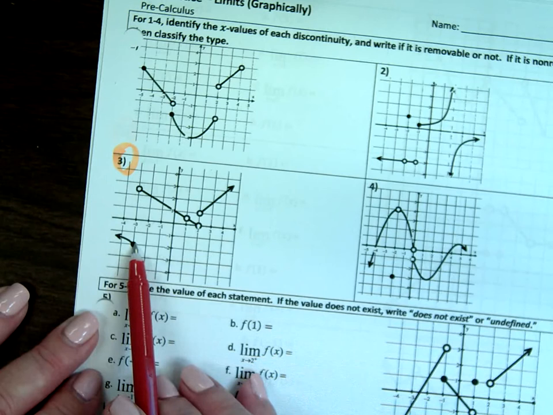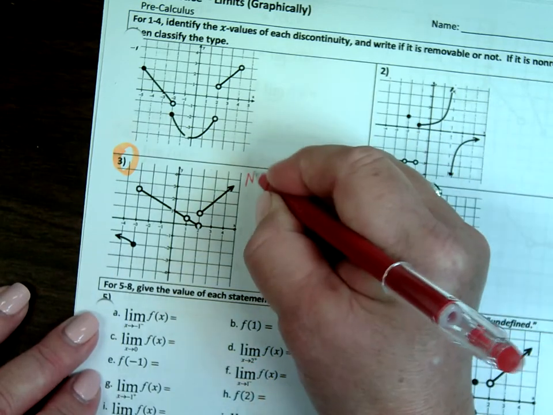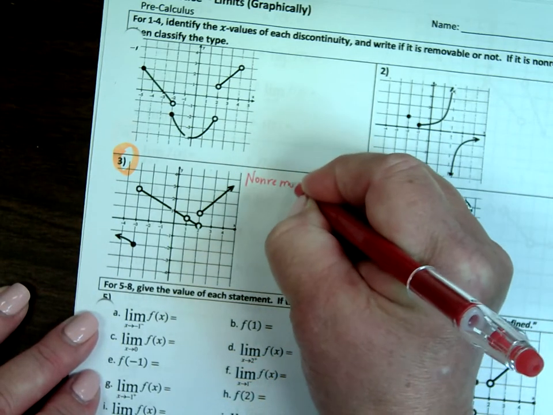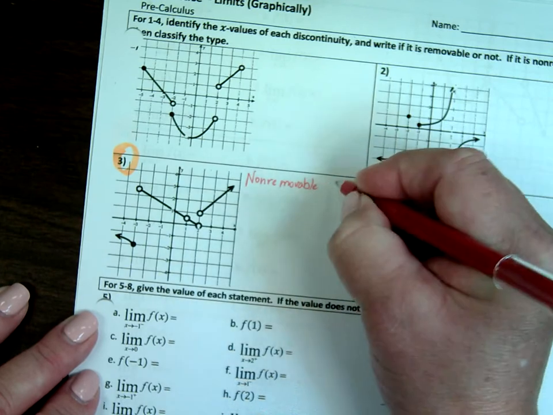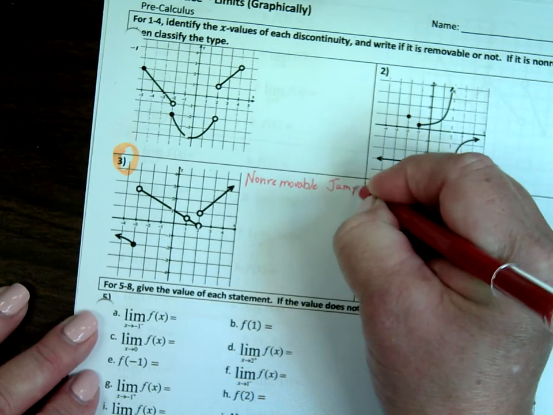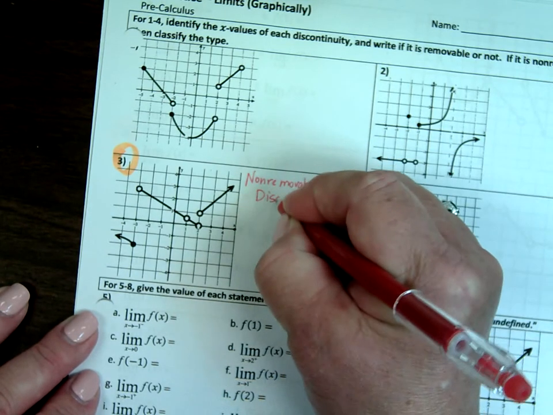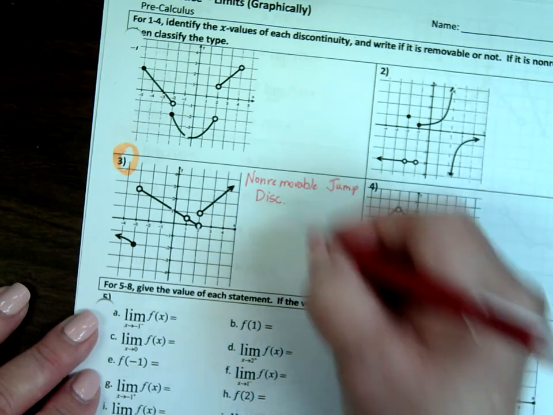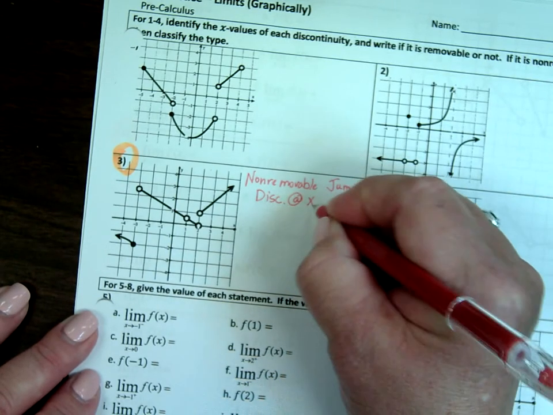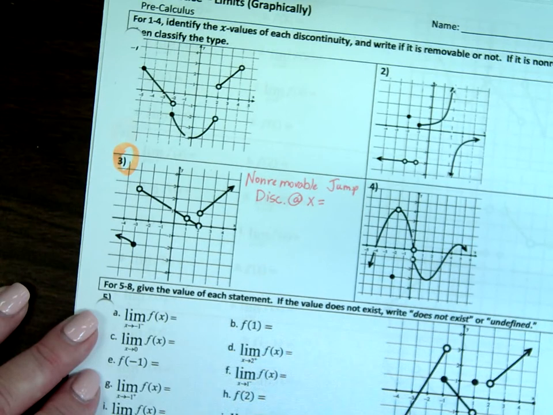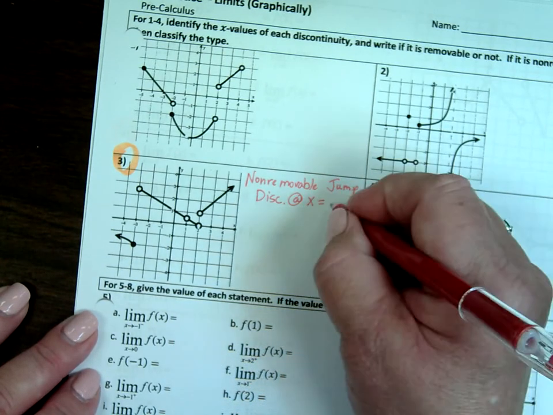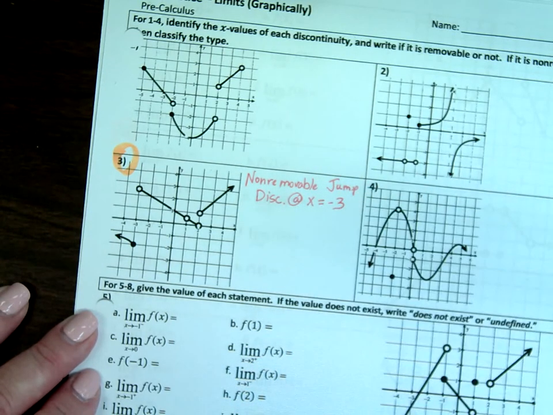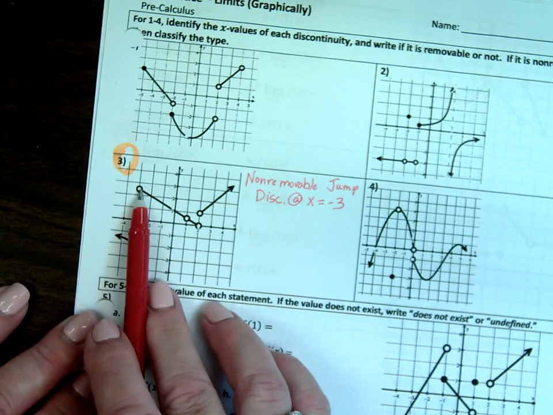That's a non-removable jump, because I got to jump to get there. Discontinuity, I'm going to abbreviate that, disc, at x equals, all right, well, what is the x? So it's at negative 3. So that's going to be the very first one I come to. That's this guy. Got to jump to get to the next part.